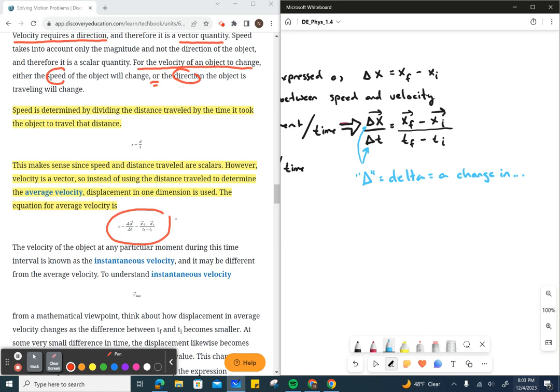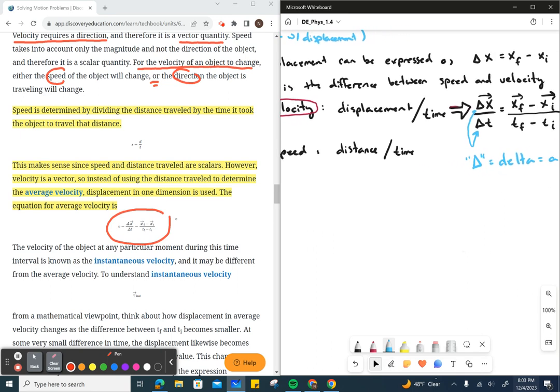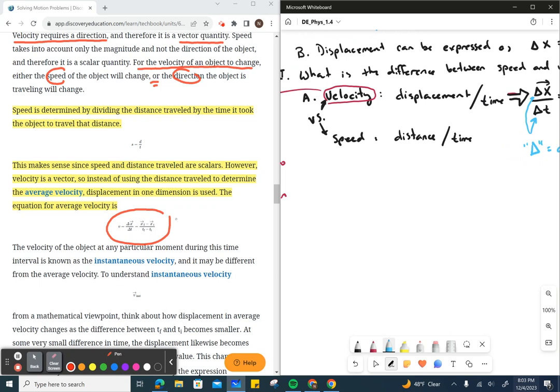So the velocity of an object at any particular moment during this time interval is known as instantaneous velocity. And it may be different from the average velocity. Okay. So instantaneous velocity, let's put this down as letter B. Okay.